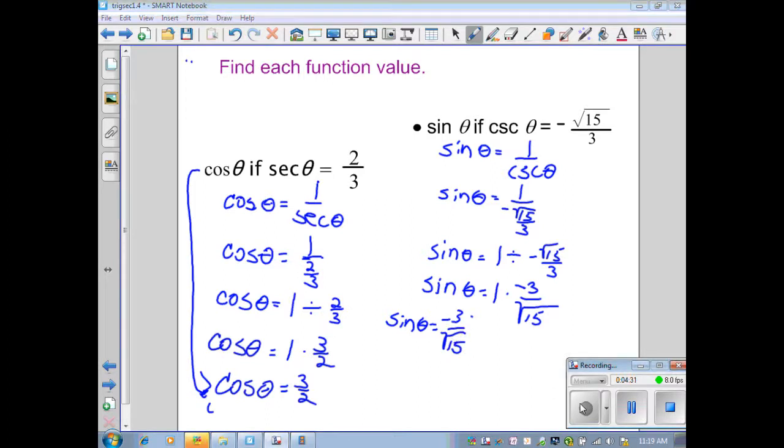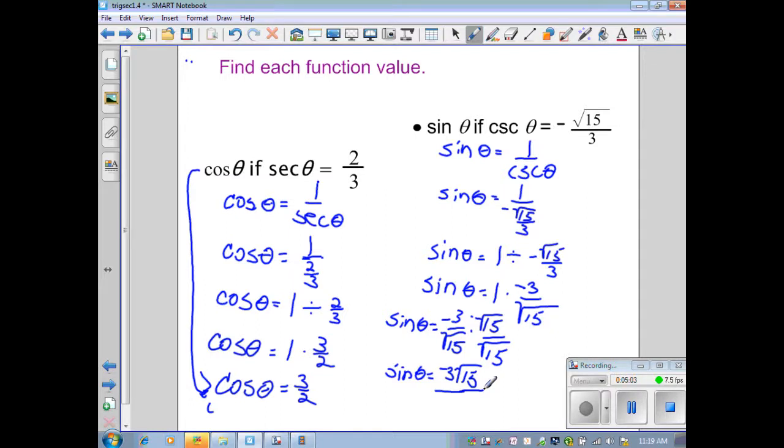But in this fraction, I have a radical in the denominator, which is not acceptable. So I have to rationalize, which means I'm going to multiply the top and bottom of my fraction by the square root of 15. I simplify, so sine theta is equal to a negative 3 square roots of 15 over the square root of 15 times the square root of 15, which is the square root of 225.